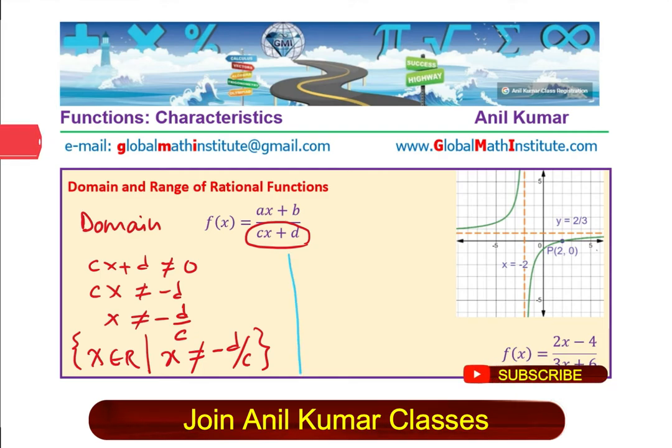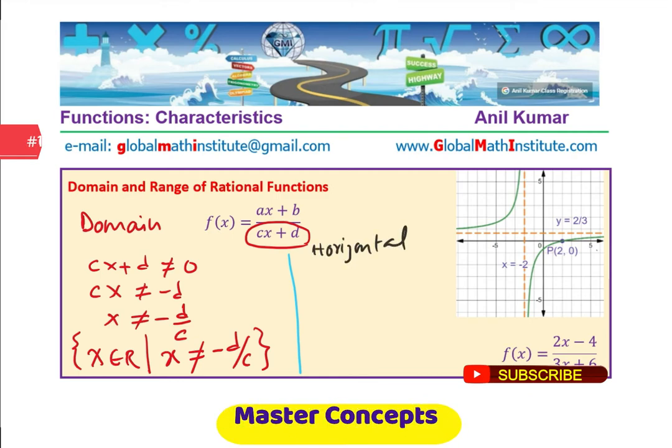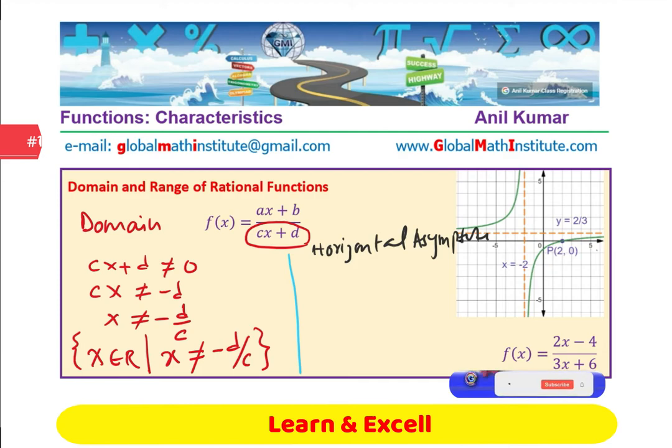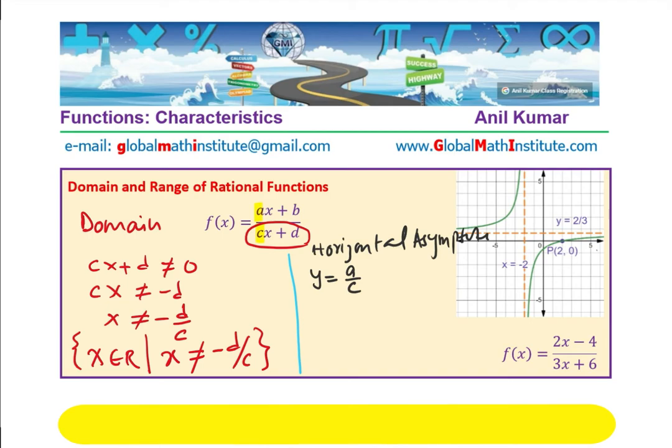Now in these functions, we notice that there is a horizontal asymptote. Now, if the degree of numerator and denominator is same, then the equation of horizontal asymptote is y equals to a over c. It is the ratio of leading coefficients if the degree of numerator and denominator are same.